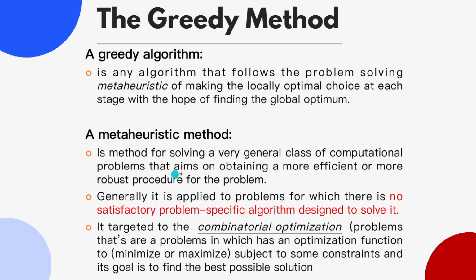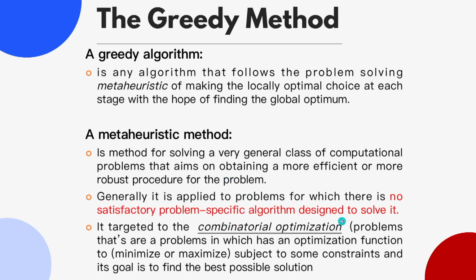Class P problems could be solved in polynomial time, and there are certain other problems which fall under class NP, and not every class NP problem will have a solution that could be solved in polynomial time.